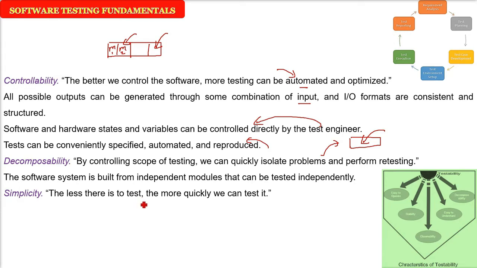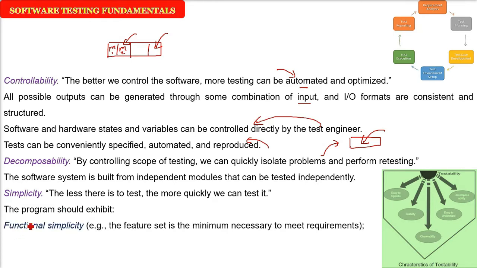What does it mean? If the software is simple, the test cases are simple, and there are fewer test cases. So simplicity is all about KISS, keep it simple. Even if you are making a complex or large software, if you are able to make it simple. For example, functional simplicity: the feature set should be the bare minimum to meet the requirement.